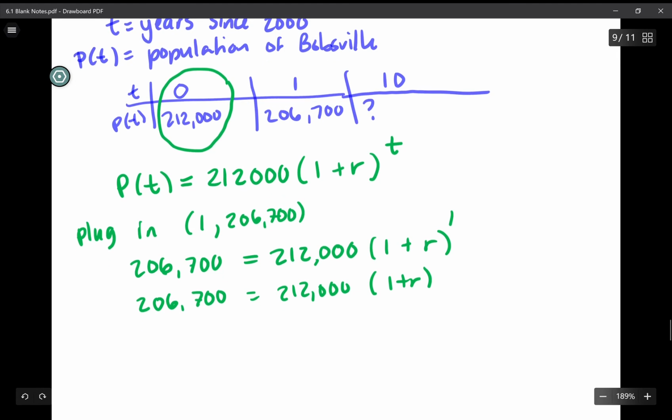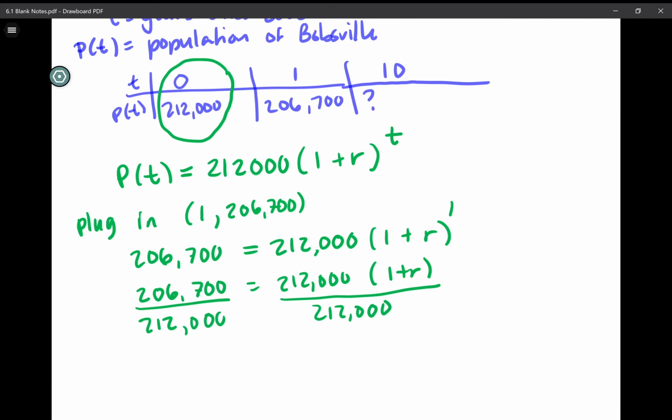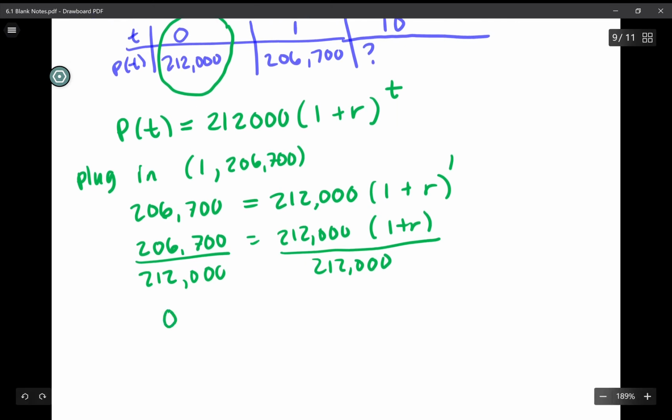So the first thing I'm going to do to solve for r is I'm going to divide each side by 212,000. So I take 206,700 and I divide it by 212,000. And I got 0.975. 0.975 equals 1 plus r.